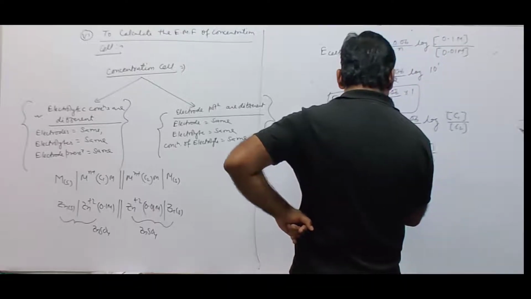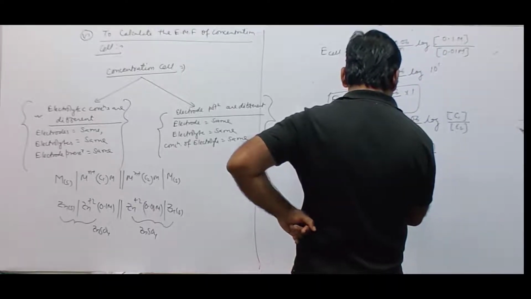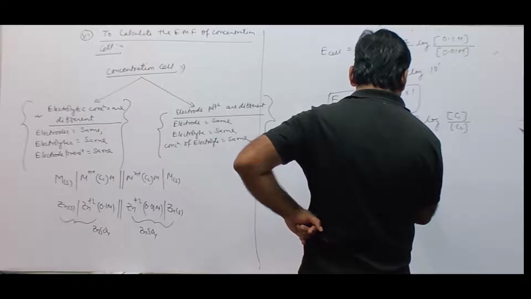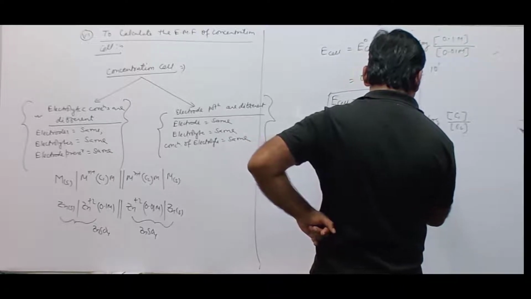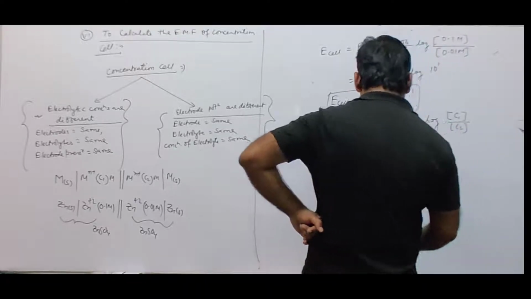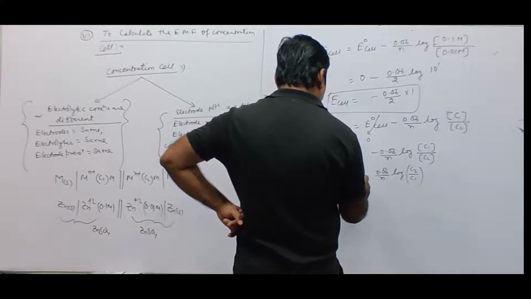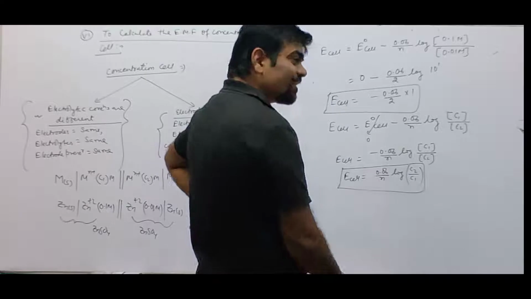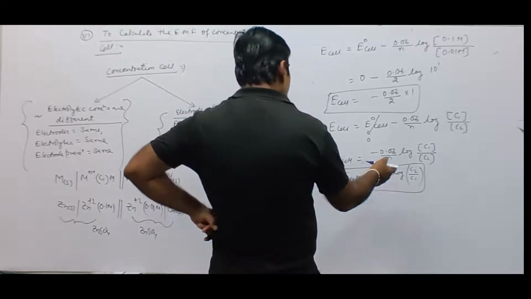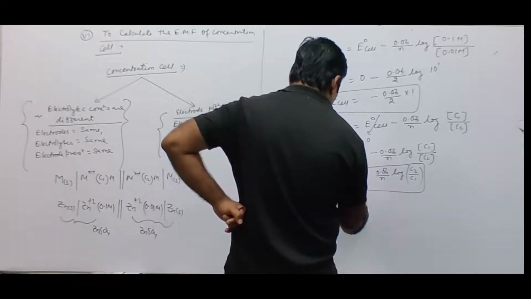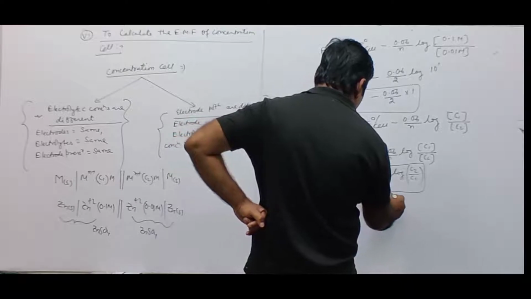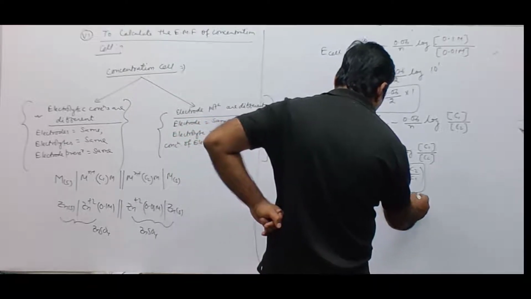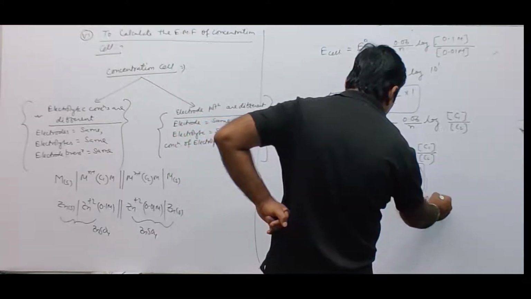Therefore this can be written as plus 0.06 by n log of C2 by C1. If you write like this, see, EMF of cell will be positive if C2 is greater than C1.